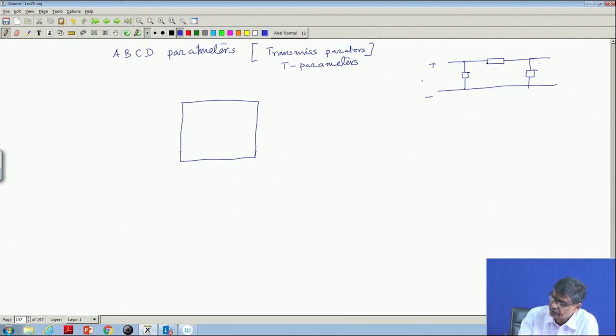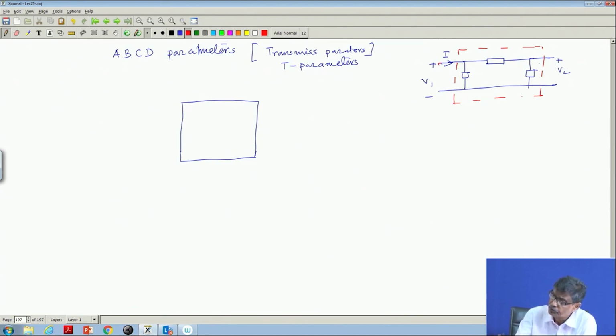This is your sending end voltage, this is your sending end current, and this is the receiving end voltage V2. After power is transmitted through the transmission line, the output voltage is V2. This is a typical representation of a transmission line, the pi representation. There may be a T representation also, but to explain the things I have considered a pi network, transmission line modeling.